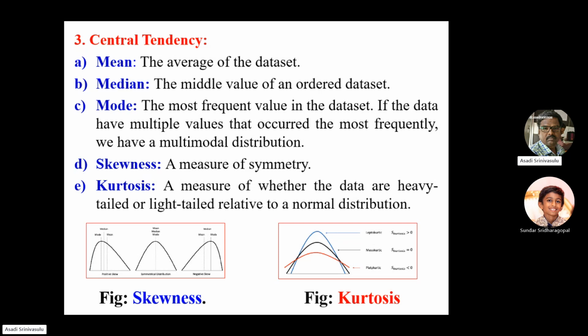Based on the values, if kurtosis is greater than 0, the blue line occurs. If kurtosis equals 0, you get the black line. If kurtosis is less than 0, you get a red line. That indicates where the central tendency values fall, as in the case of a normal distribution.